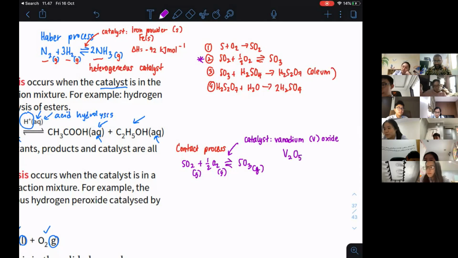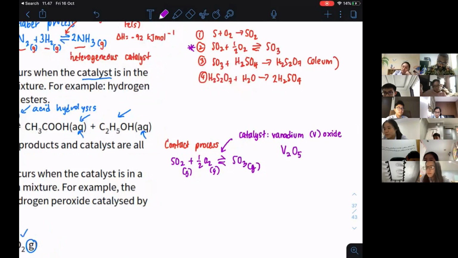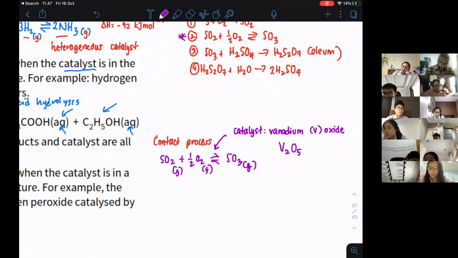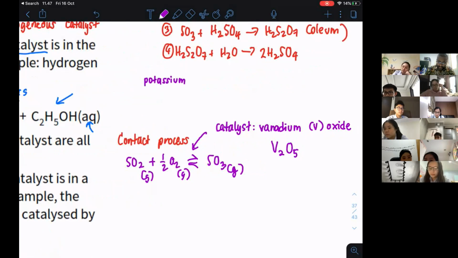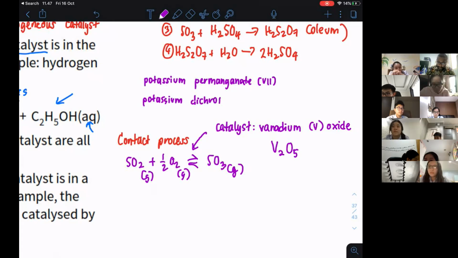Now, this one I want you to also take note. When you have potassium permanganate or potassium manganate 7, we also have potassium dichromate 6.